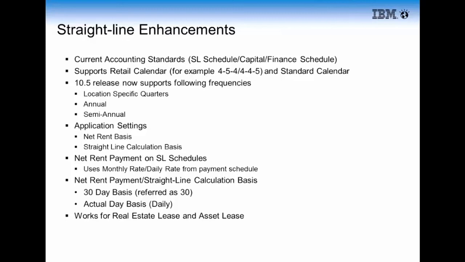When we say net rent is a 30-day basis, we are putting the monthly rate of a payment schedule into that fiscal period. When we say actual day basis, we count the number of days in that fiscal period times the daily rate defined on the payment schedule to generate that fiscal period amount.